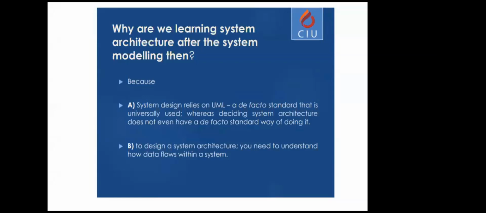And if you do not know UML, many of the things that you decide on system architecture might not make sense to you. For example, there is the architecture called model view controller, MVC as we call it, and if you do not know how class diagrams work, about hiding data or object-oriented design, it might not make sense to you.